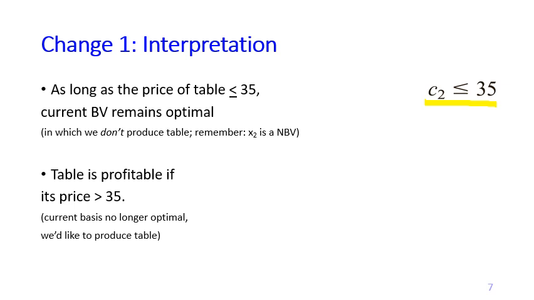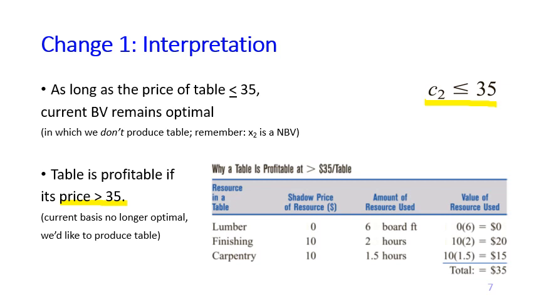Why or how is that the case? We may look at this from the viewpoint of shadow price. Now we see that a table requires 3 resources.